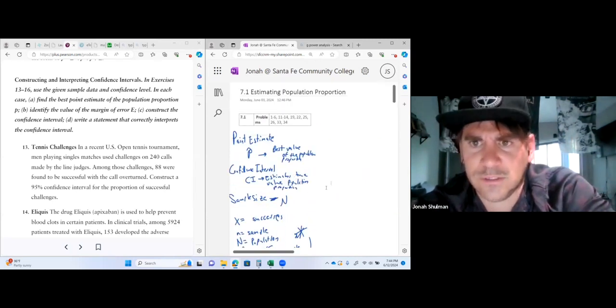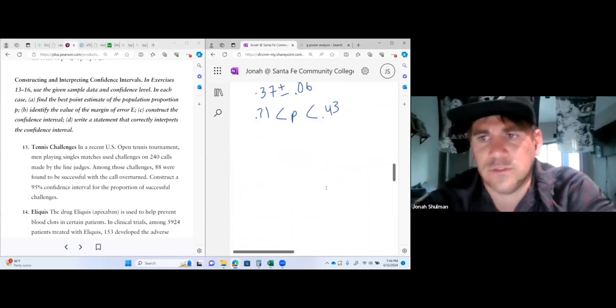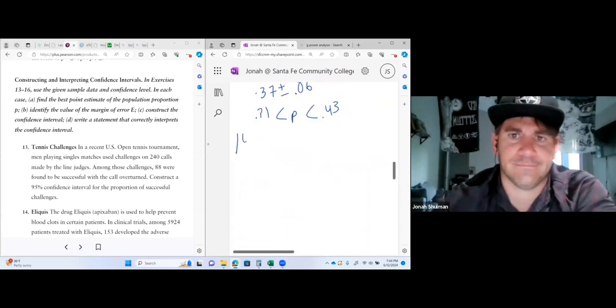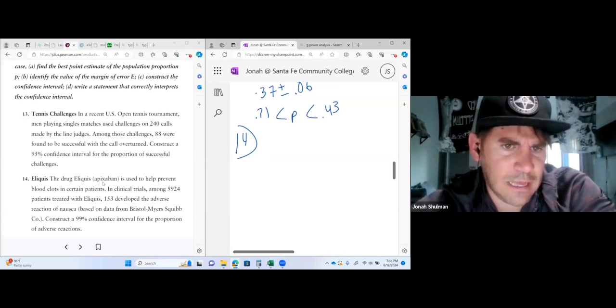And 14, I'll do 14 and 19. Here's 14. The drug Apixaban. Okay, no more blood clots. I like that.